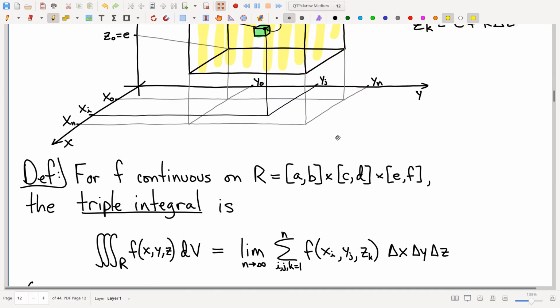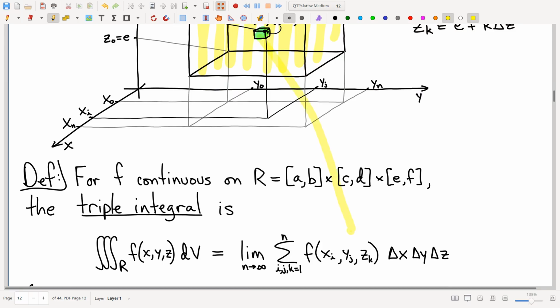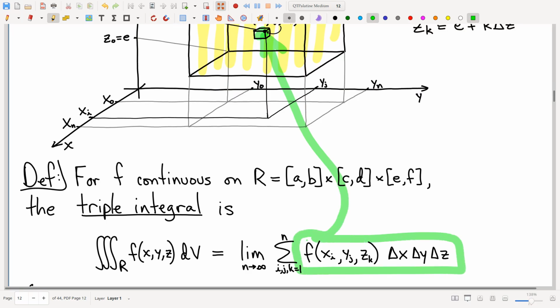And so on each little piece, whatever our accumulating quantity is, let's just say mass, your integrand is quantity per unit volume. This then says multiply by volume. That gives you quantity in each little piece, and then you add up over all the pieces.